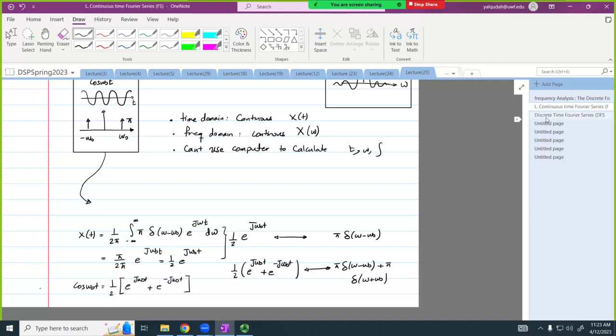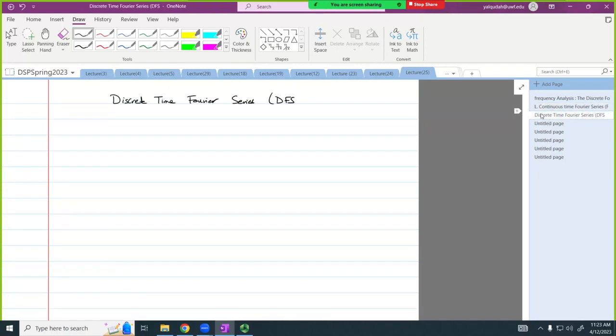Okay, so continuing, the next transform is the discrete time Fourier series, and this applies to a signal that is discrete in the time domain.